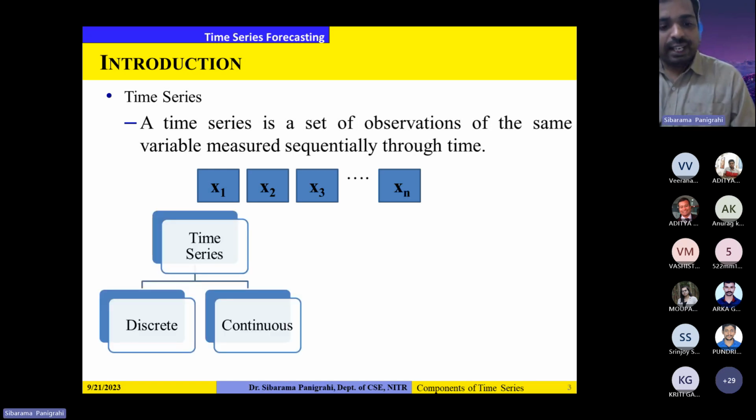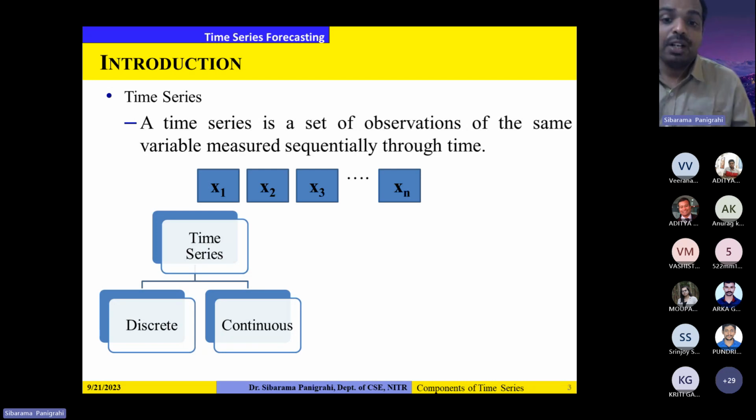So the time series can be a discrete time series or a continuous time series. In a discrete time series, the measurements are done at discrete instances of time. For example, suppose I want to measure how many passengers are traveling in a specific airline. In every travel, we count the number of passengers, so it gives you a discrete time series.